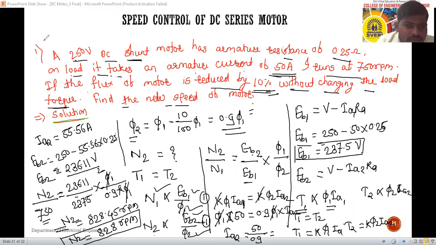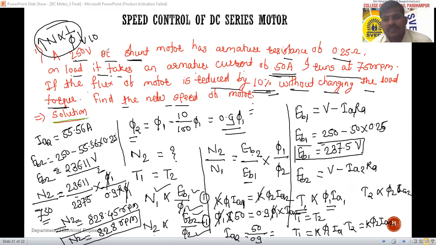Whether the speed is increasing or decreasing? Increasing. So according to this equation, N is inversely proportional to phi. 10% ने फ्लक्स रिड्यूस केले, म्हणजे स्पीड मशीनचं इन्क्रीज झालं. So this relation is satisfied.